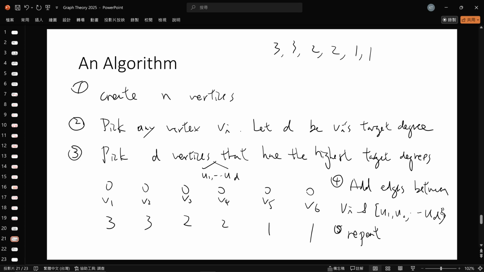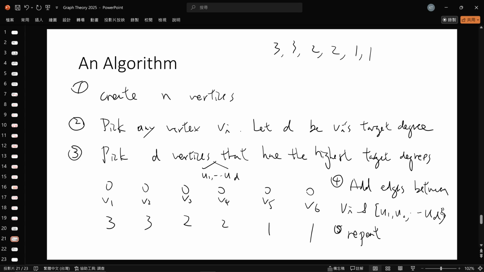So there are some design choices in this framework. First of all, in the second step, you need to pick a vertex. Here for this step, what we wrote is that we can pick any vertex you like. But then in step 3, when we have to pick D vertices, at least from this statement here, we did not choose any arbitrary D vertices.